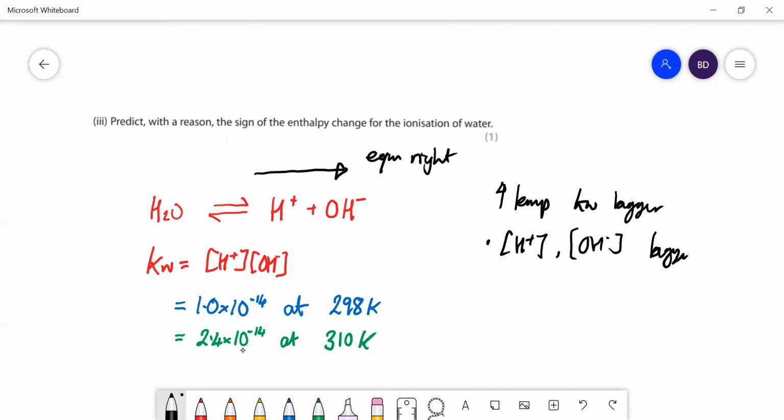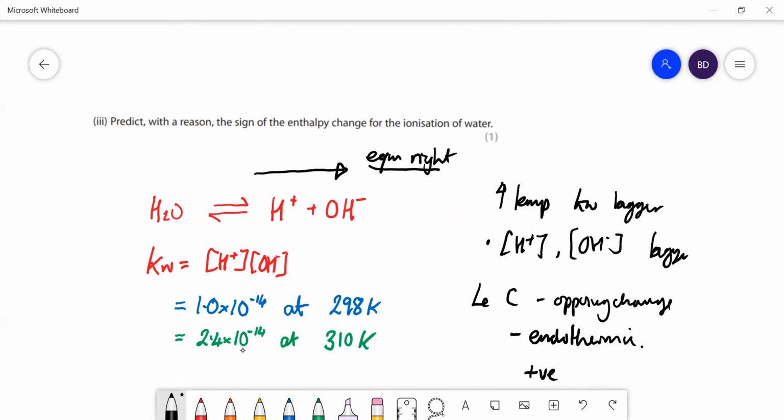Now Le Chatelier tells us it must be opposing the change. So when we increase the temperature, the equilibrium moves to the right, so it must be endothermic in the forward direction. So the enthalpy change for the ionization is endothermic, so it is positive, isn't it?